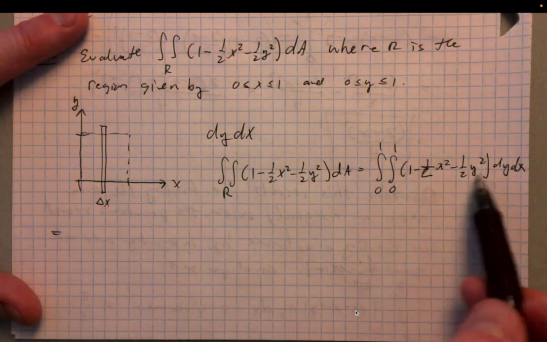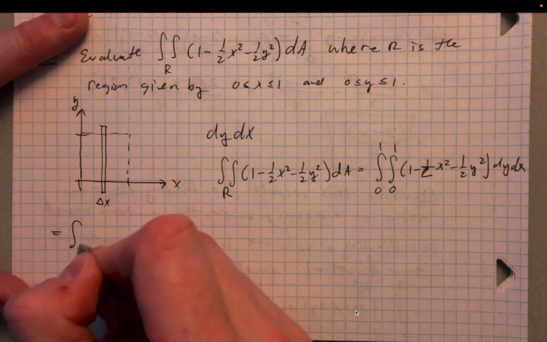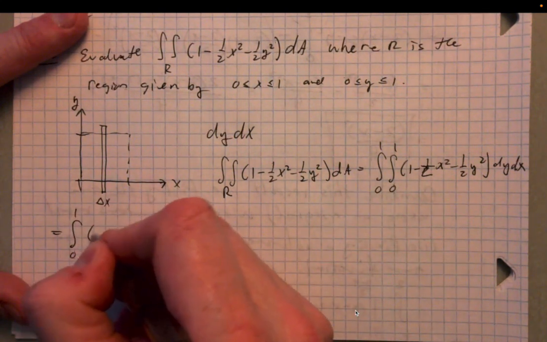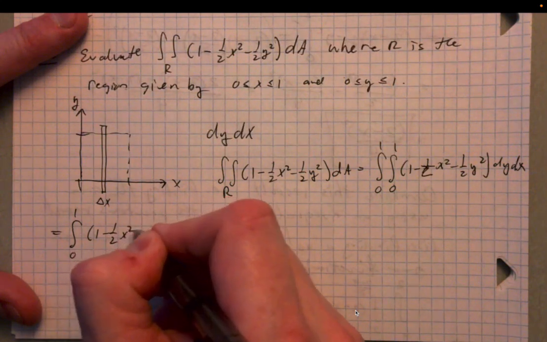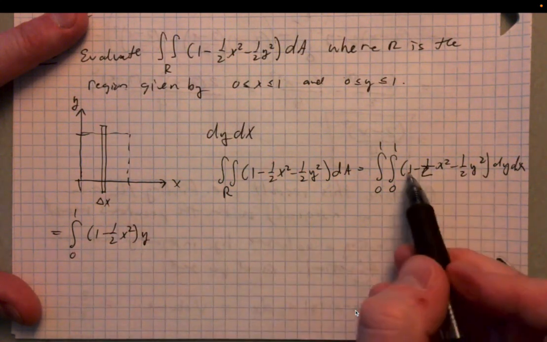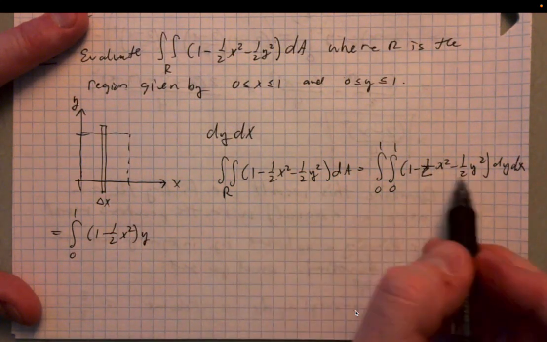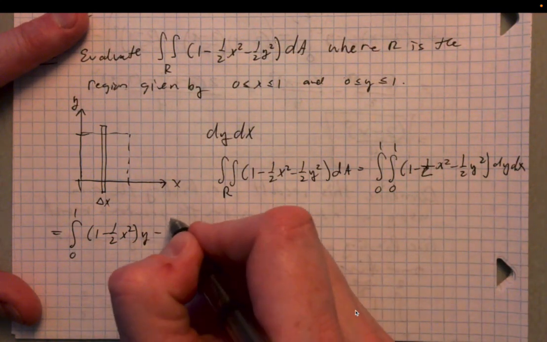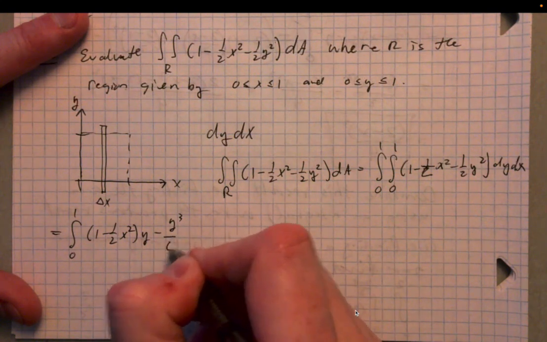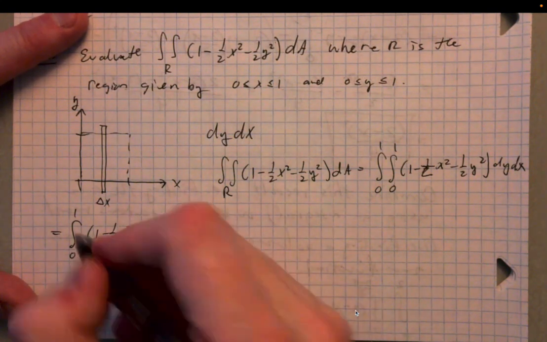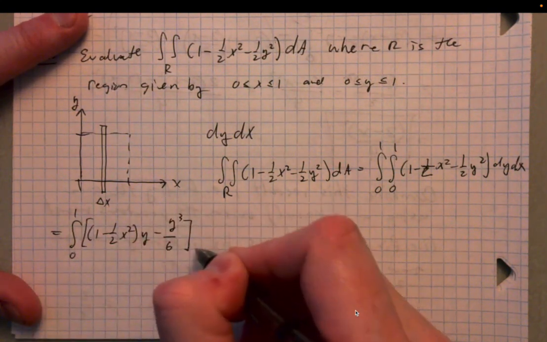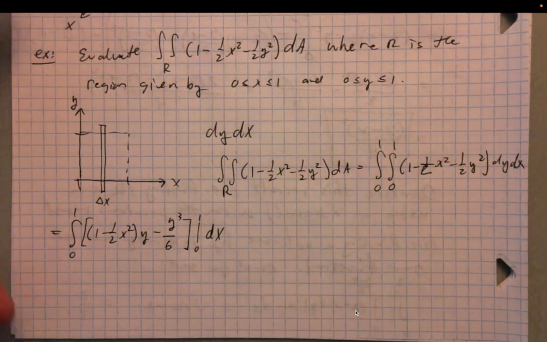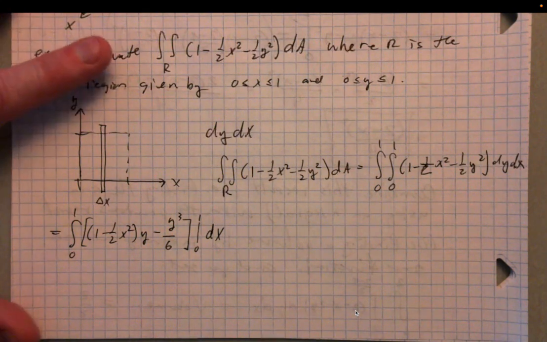This is super easy to integrate, so we can do the inner integral really quickly. This is going to be 1 minus 1/2 x squared times y, so these two would both get a y, and then this one down here becomes y cubed over 6. We need to evaluate that from 0 up to 1, and then integrate a second time with respect to x.